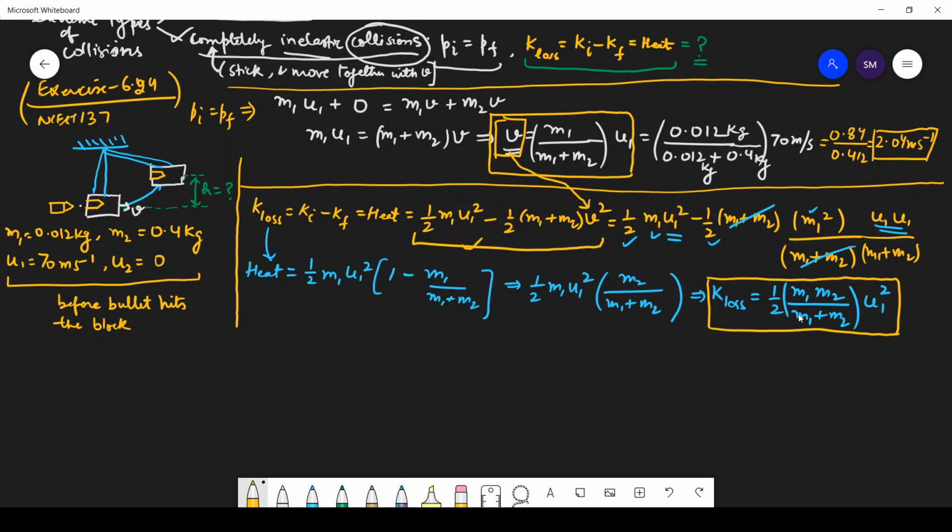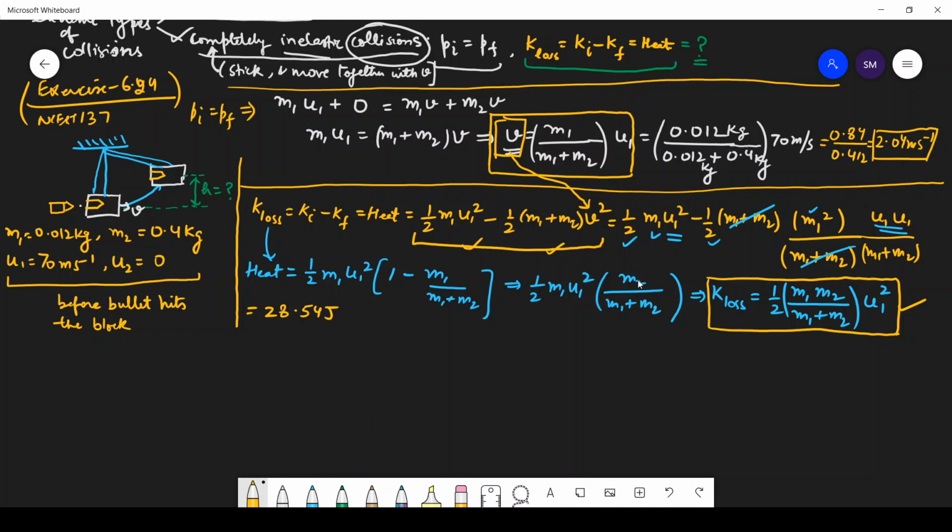Second choice is, you put the values of m1 m2 m1 plus m2 and value of u1 here, so u1 is 70. So you have these two formulas, so you can use any formula and calculate this heat, and let me tell you, this heat will come out to be 28.54 joules. So you can use any of these two formulas.